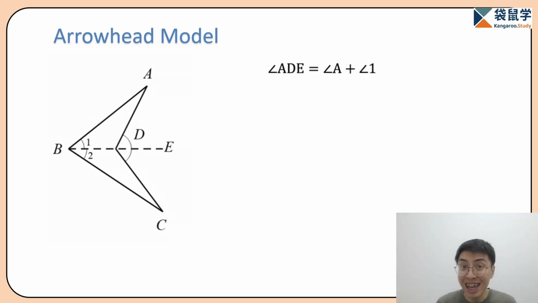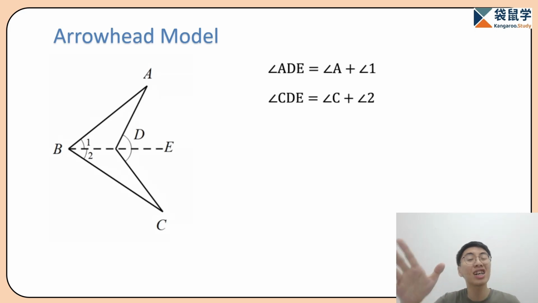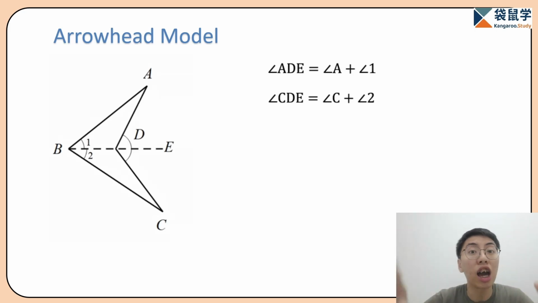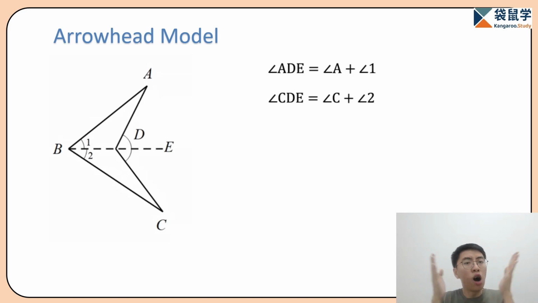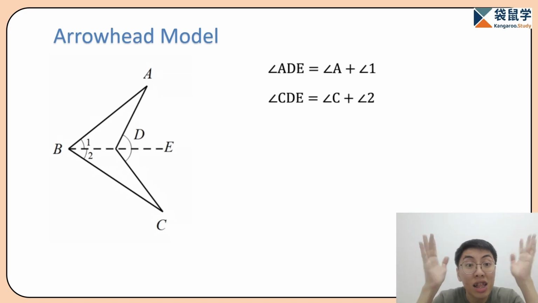And class, everybody, can you think, how do I represent angle EDC or angle CDE? Well, it will be the same thing where it is just angle C plus angle 2. So with that in mind, how exactly do I get angle D?